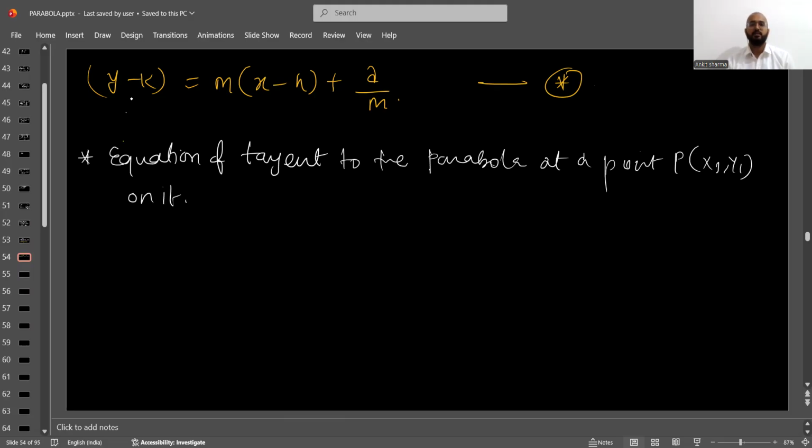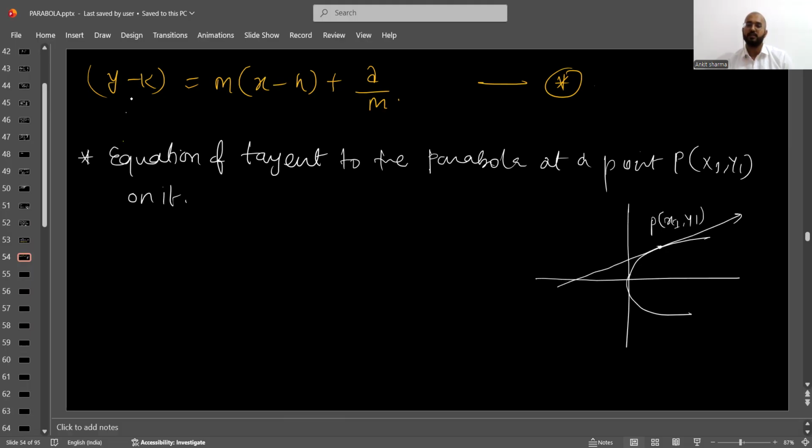That means I have a parabola, and this is my point P, say x1, y1, and I want a tangent to this parabola at this point. So what is the equation of tangent at this point? To find it, we just need a slope and the point. I already have the point, so if I get the slope at this point, I'm done.